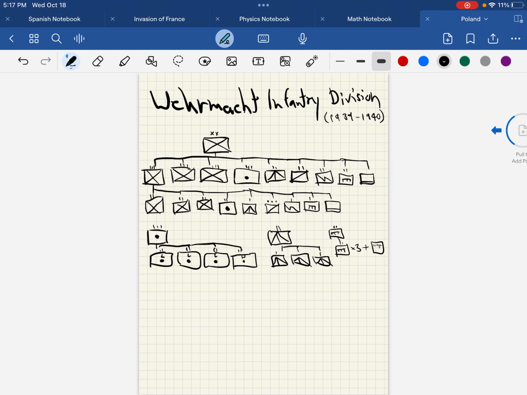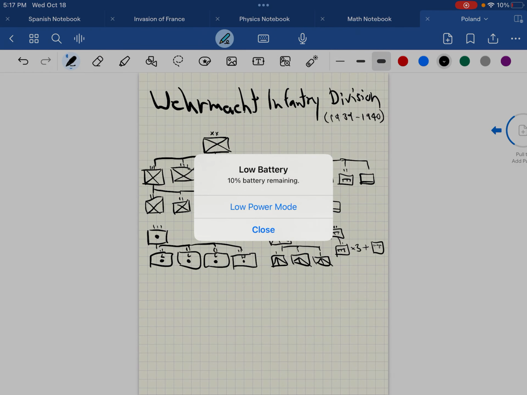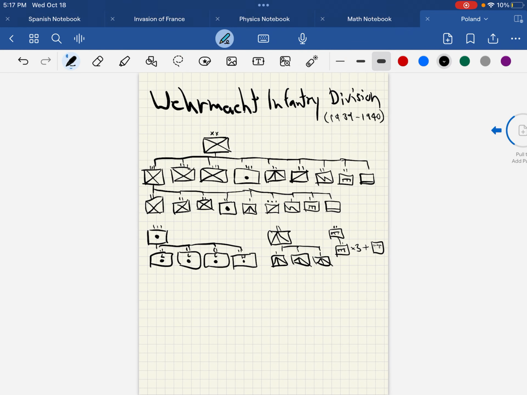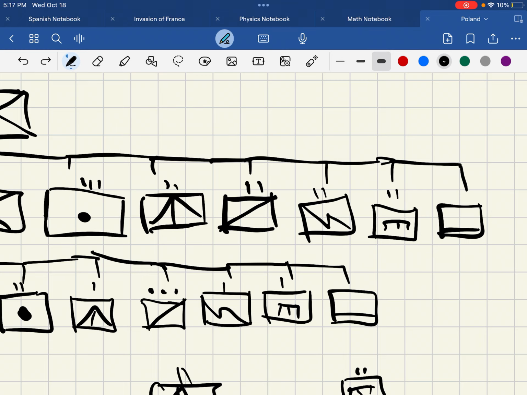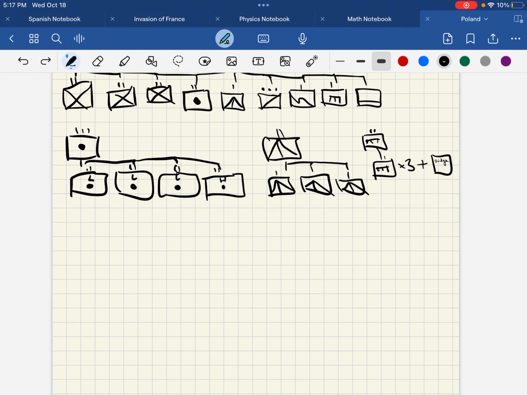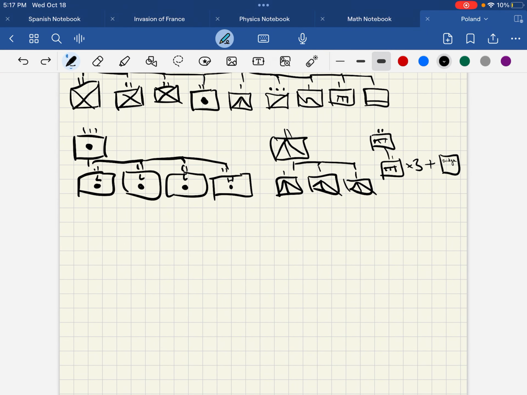And after all of these, we also have to consider the other types of units in an infantry division besides the fighting forces. So yes, there were the command units that I talked about. Command units were very important. They were obviously the ones that led. And there were some supply services as well. That's important to discuss.